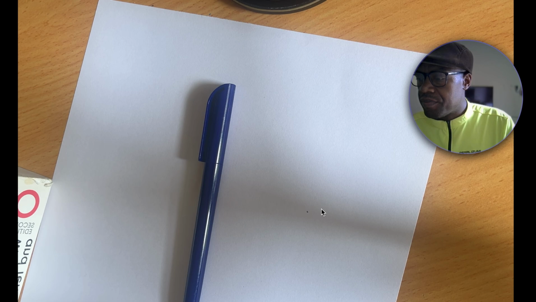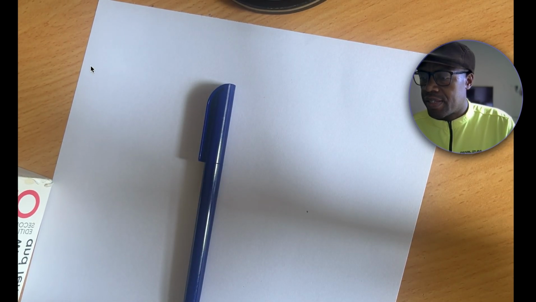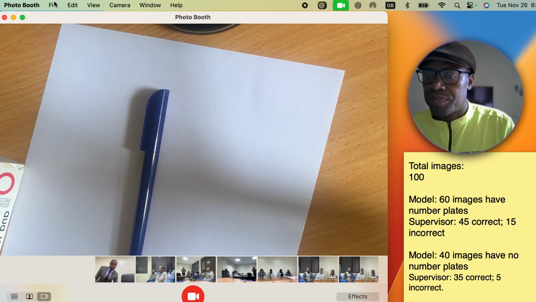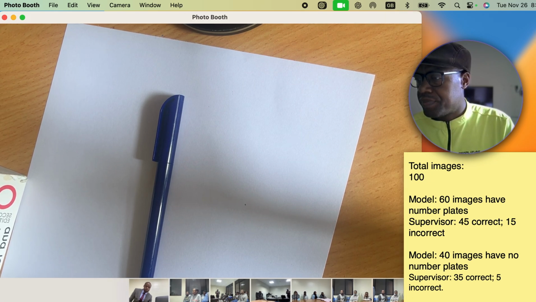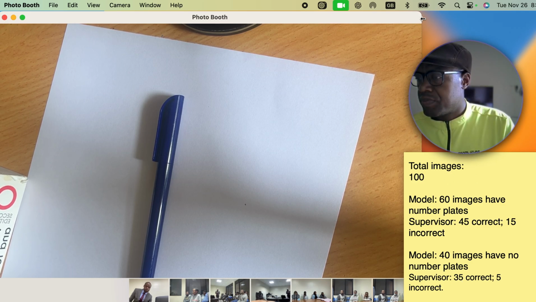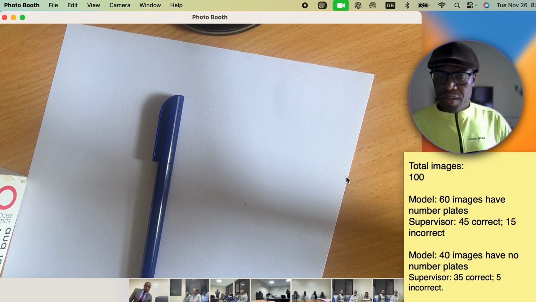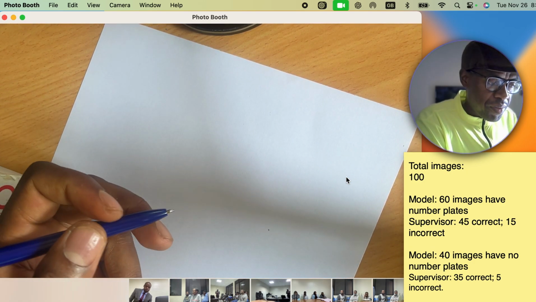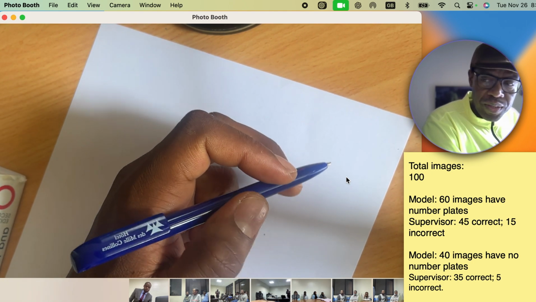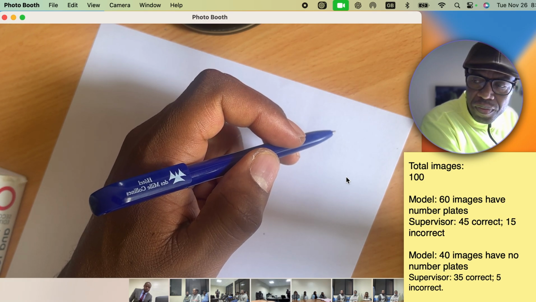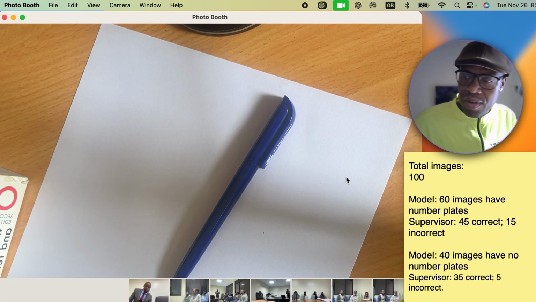So it's now time to do some calculations. We have 100 images.